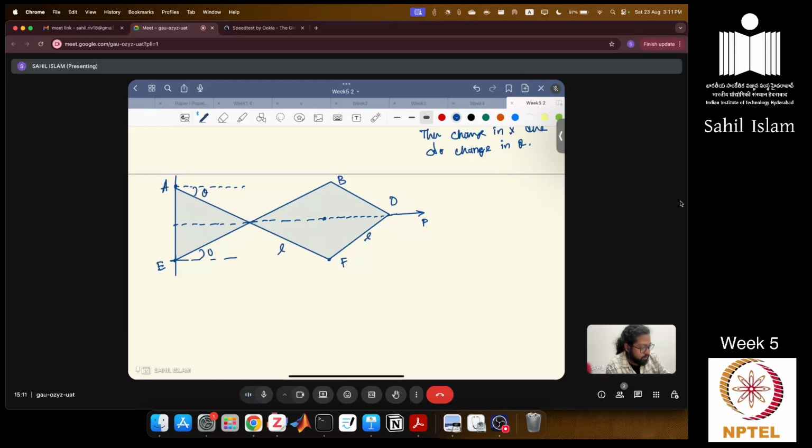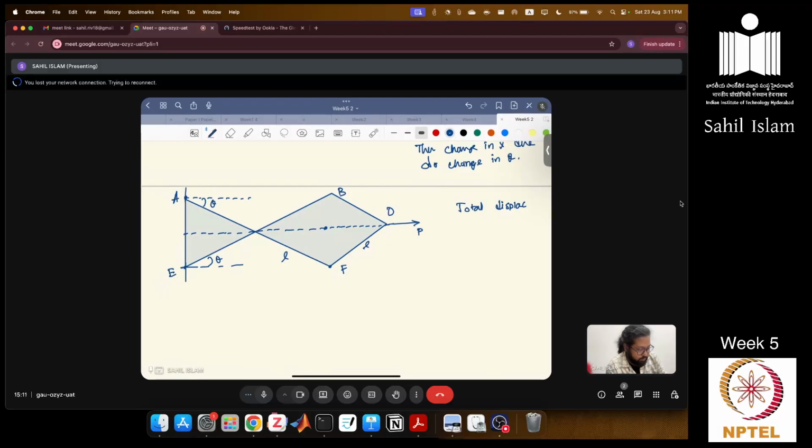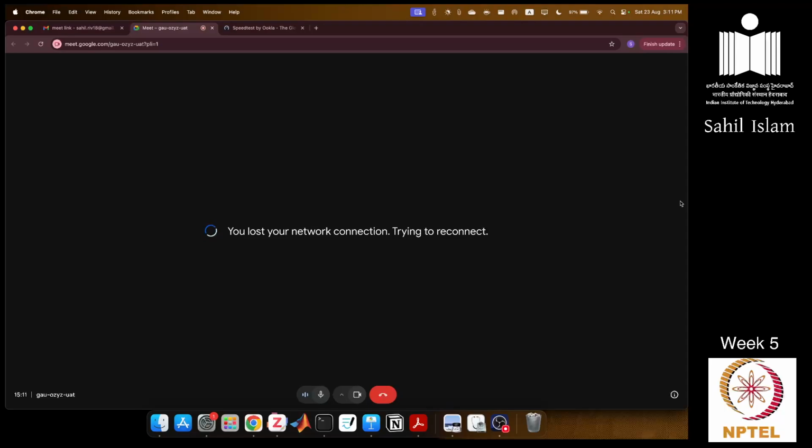Now for P, we have to find out the total displacement along the x direction. So let's say this is the x direction. First is this length, right? We have to find out this length.